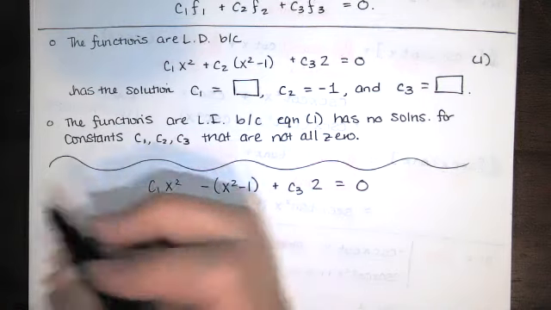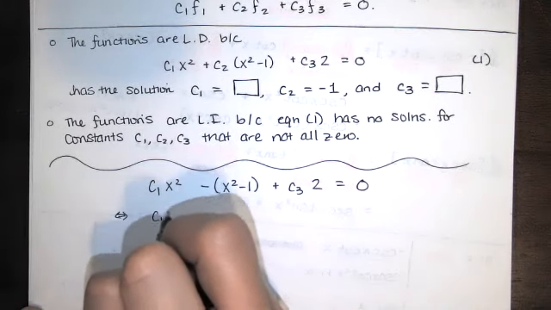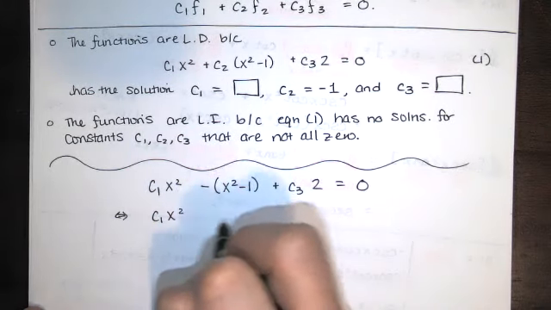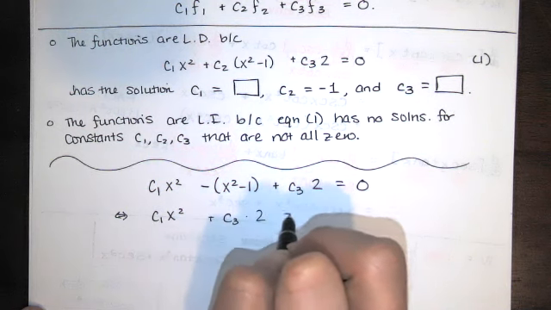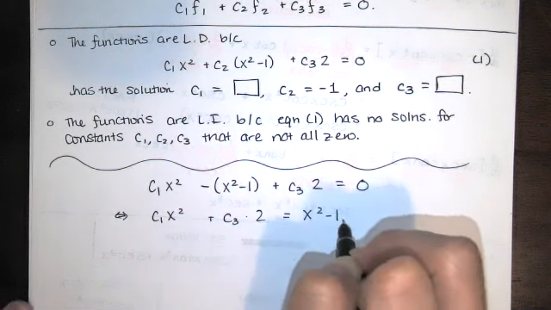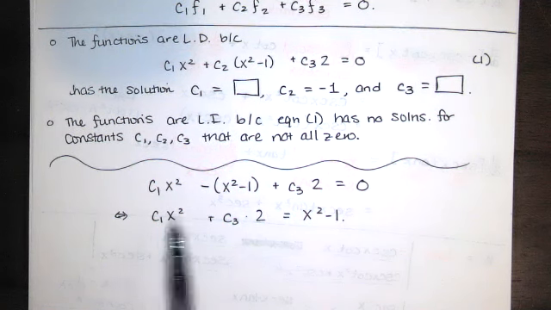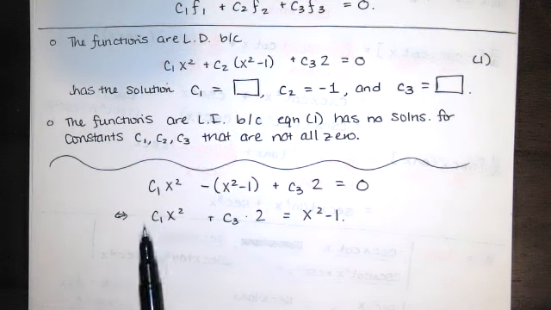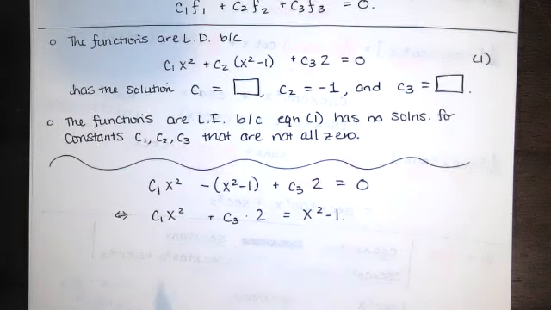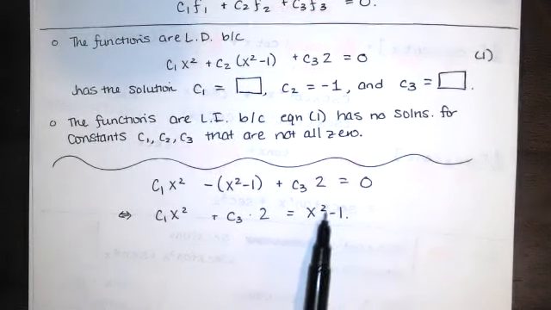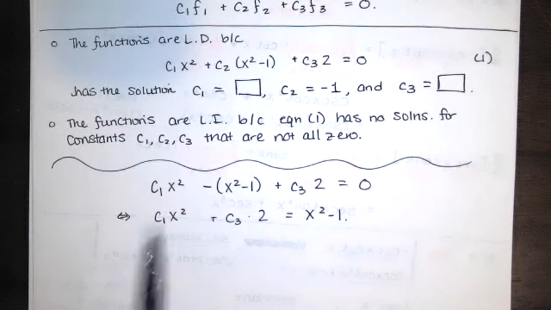So they've asked us to put a -1 here. So we can add this to both sides. And then just ask ourselves, okay, what values of the constants C1 and C3 should we choose to get this x squared minus 1? And it was just like I was telling you, if I want an x squared here, well, I need a 1x squared over here.